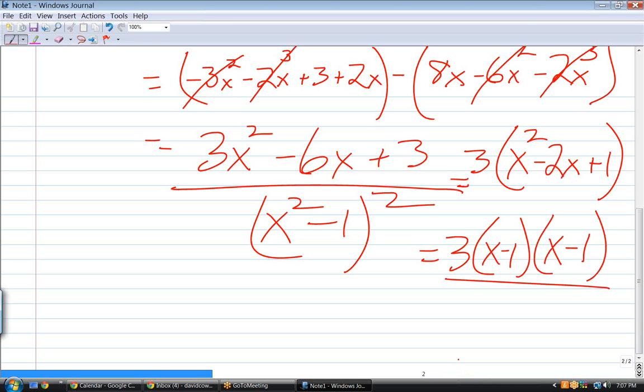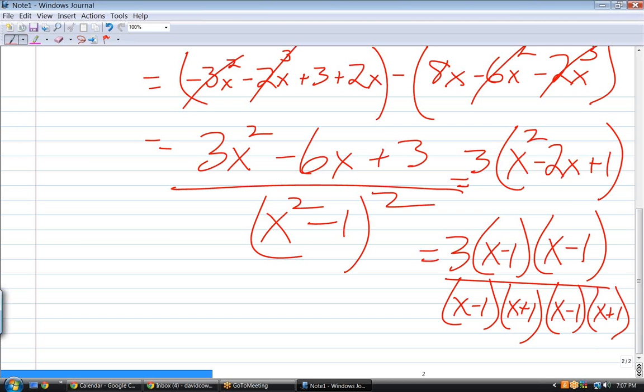And the bottom, if I factor the inside, I get what? What's a difference of perfect squares factored? x plus 1 and x minus 1. So it's x minus 1 times x plus 1. And we're squaring it, so I'm going to have another x minus 1 times x plus 1.